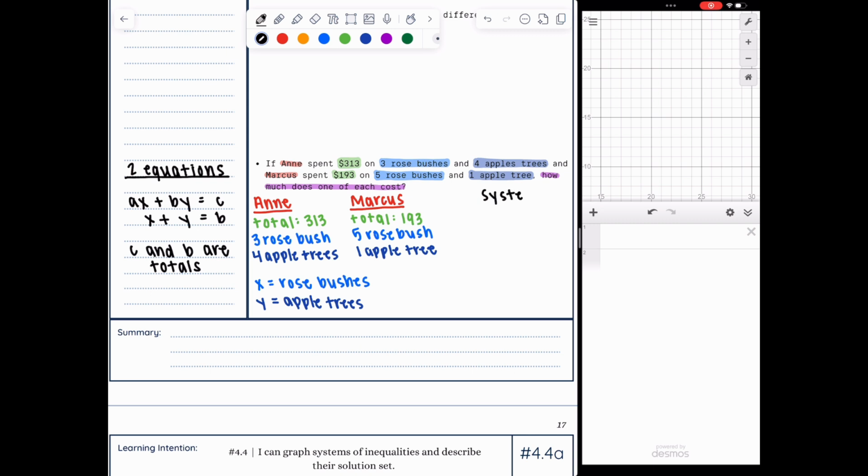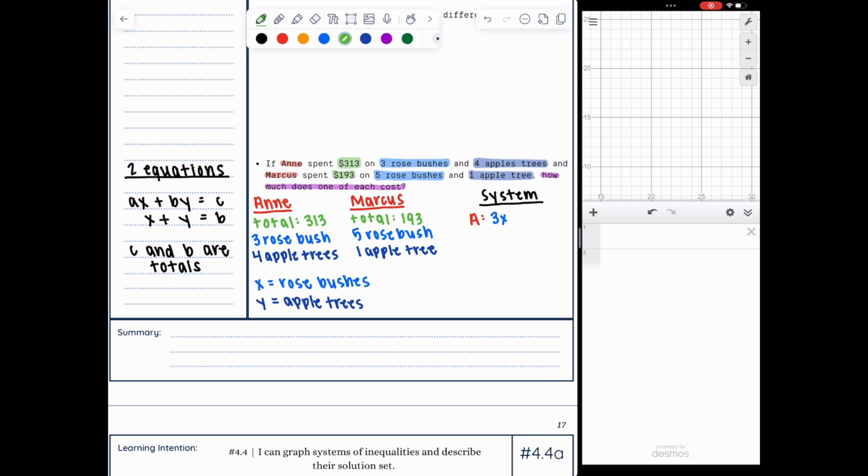And so now I can really be thinking in terms of, what does this system look like? What did each individual person pay? And how does that tell me what one of each item costs? So let's go ahead and look at this. I have Anne's bill first. She spent $313. That money came from buying 3 rose bushes.